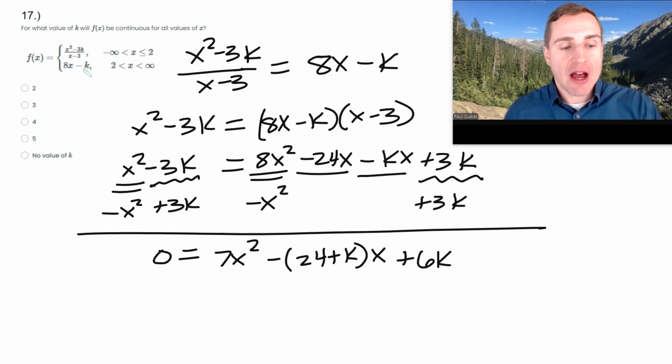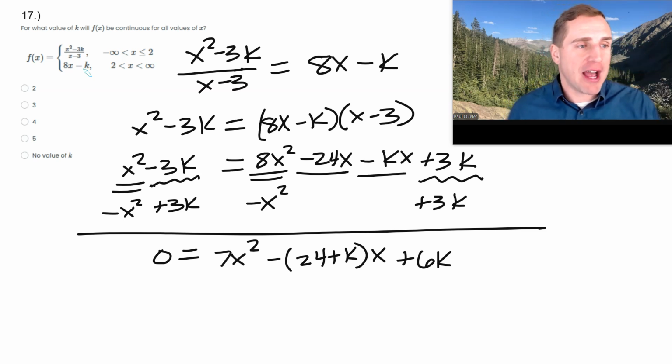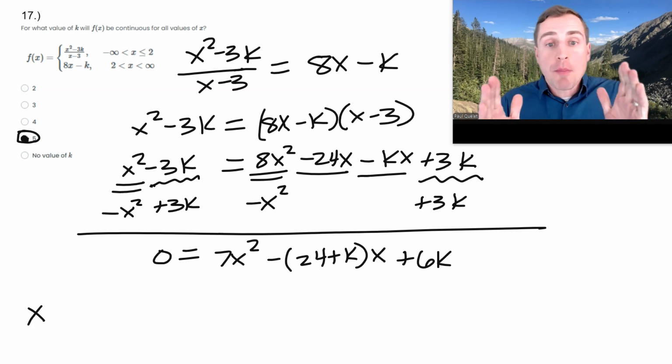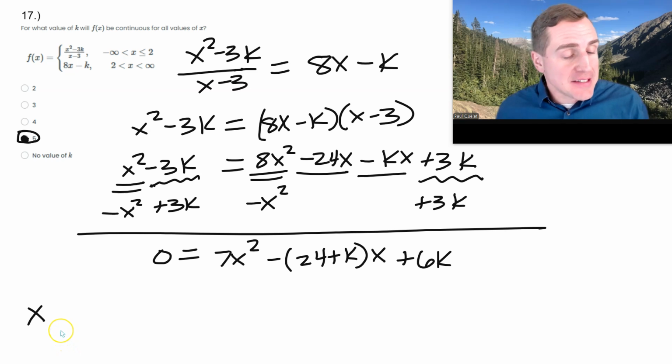All right, now we have a quadratic, which is not easily solved. And it turns out what we want to do is find the k values. Now, by the way, we might find multiple k values, but we need a k value that actually fits this situation. So remember, I think this equation is valid when exactly x equals 2. So x equals 2 is the value for which this should occur.